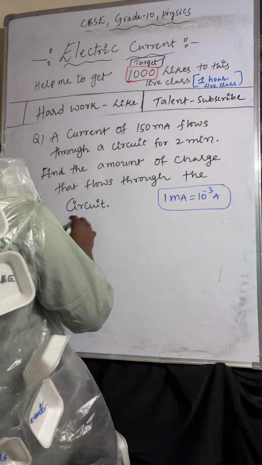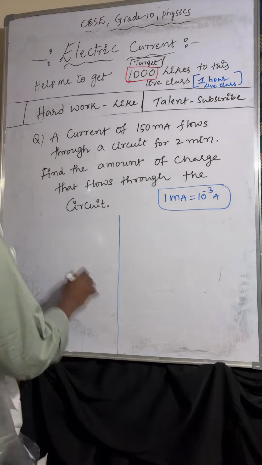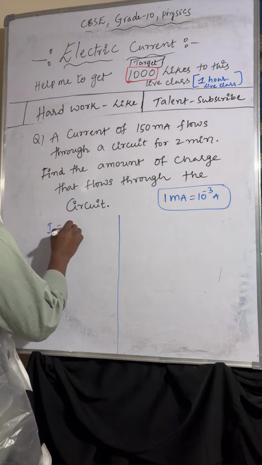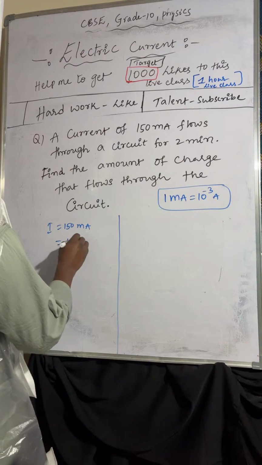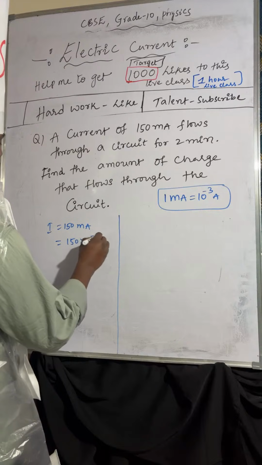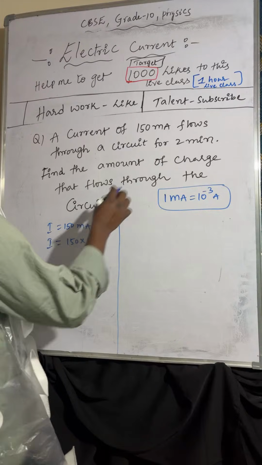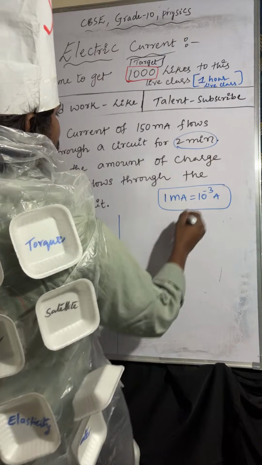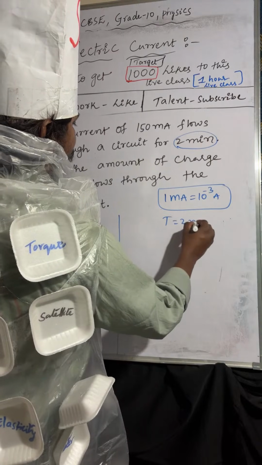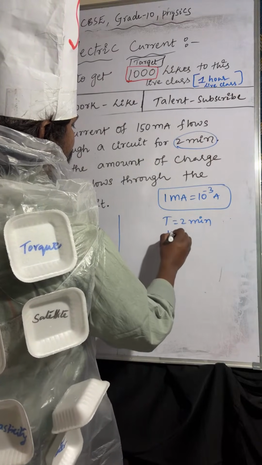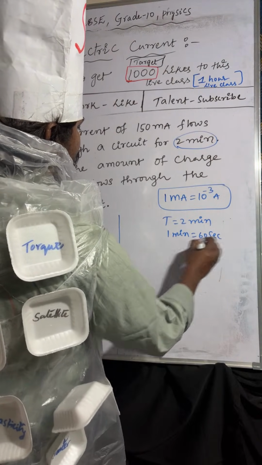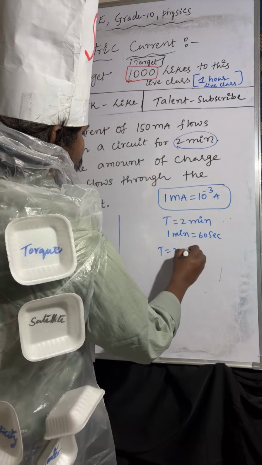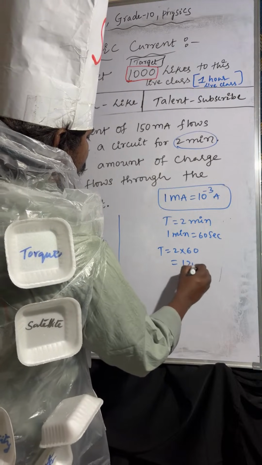So I is given as 150 milliampere, that is nothing but 150 into 10 power minus 3 ampere. And next, time is given as 2 minutes, so 1 minute equals 60 seconds. So t equals 2 into 60, 120 seconds.